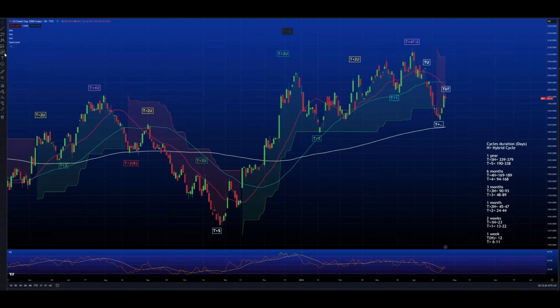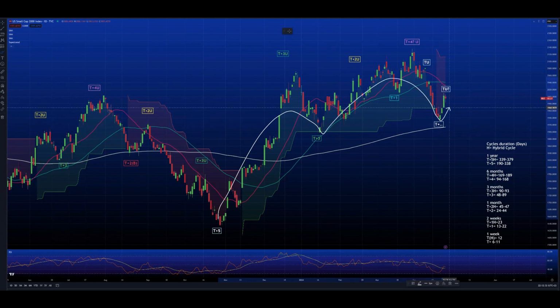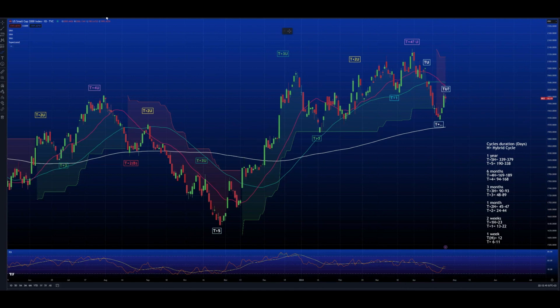It might also be that we can have a first T plus 3, a second T plus 3, and a third T plus 3. So be aware that we might have also a shape of this kind. At the moment, there is a retracement ongoing. And let's monitor the strength of the push towards the upside.